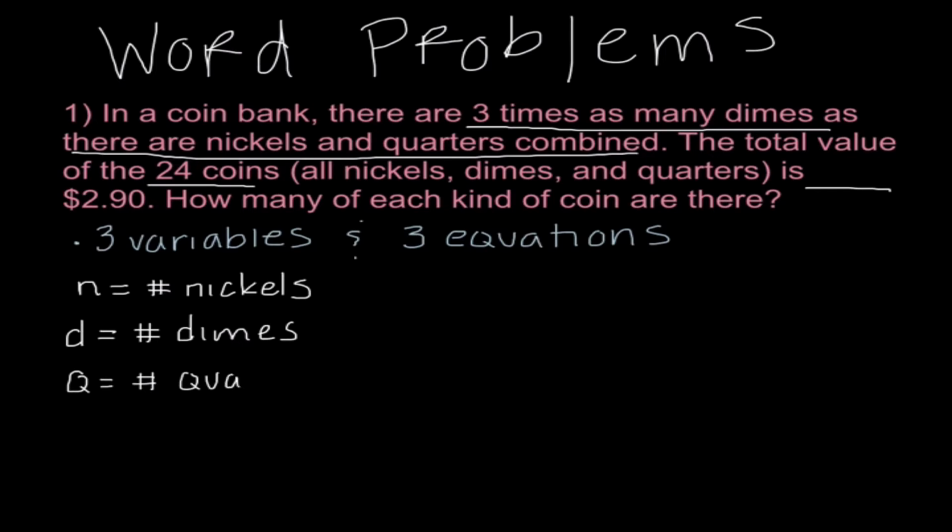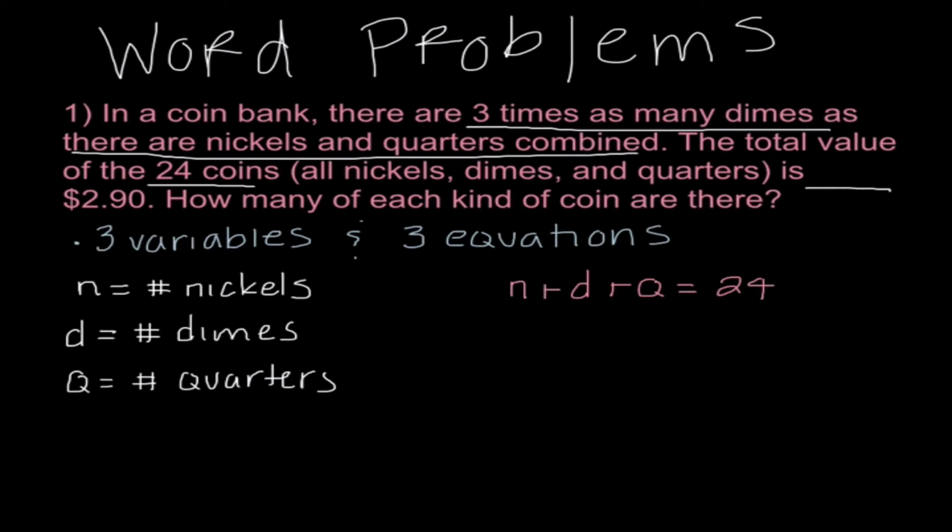Once again, if I really wanted to use X, Y, and Z, I can, but for this problem, I thought N, D, and Q might help me out a little bit. First, it says that there are 24 coins altogether, so my first equation is going to be N plus D plus Q is equal to 24.